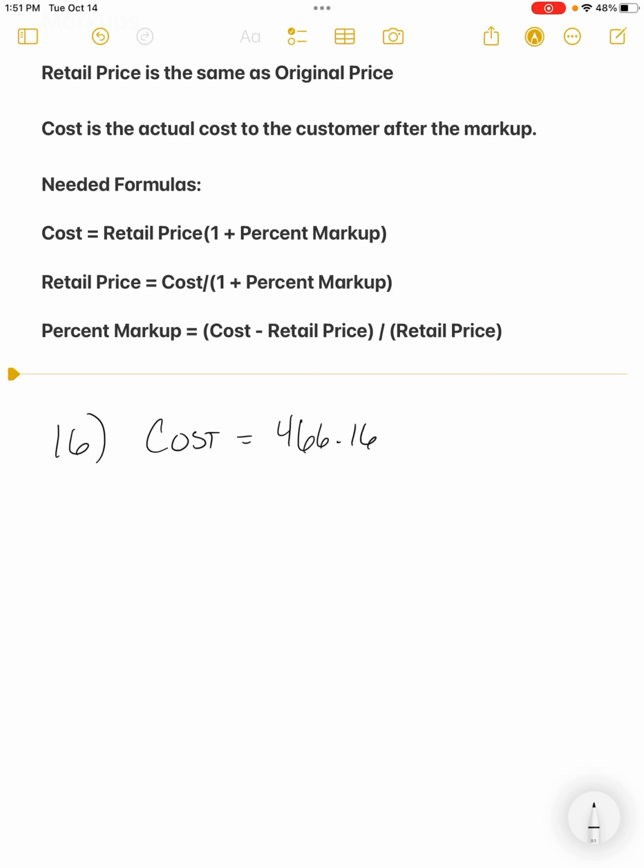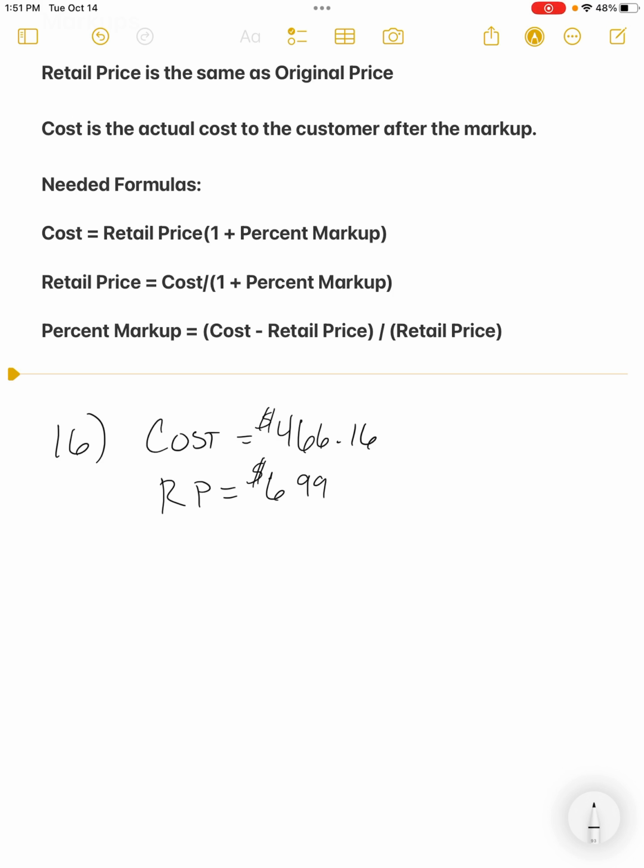The retail price, what it originally cost, was $699. And we're asked to find the percent markup.